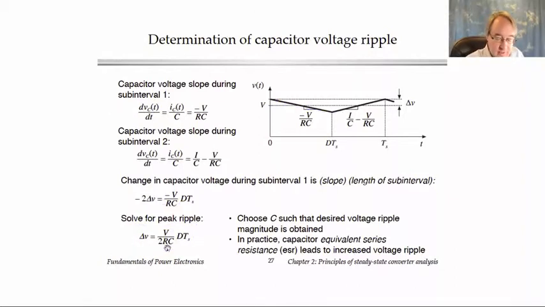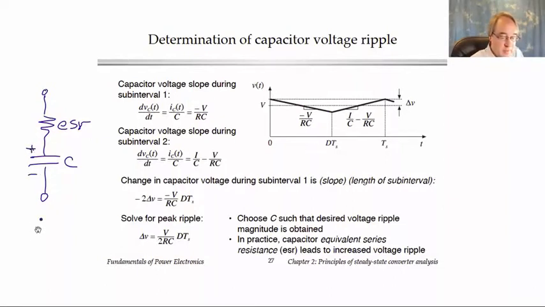And the only thing I would add to this is that oftentimes in practice capacitors have significant series resistance. It's called equivalent series resistance. So the model for a practical capacitor, especially say an electrolytic capacitor, is this equivalent series resistance, or ESR, in series with an ideal capacitor, C. And the ripple that we've just found is the voltage ripple on the ideal part of the capacitor, but to that we have to add the voltage drop across the equivalent series resistance.